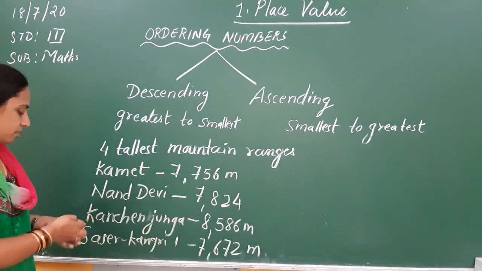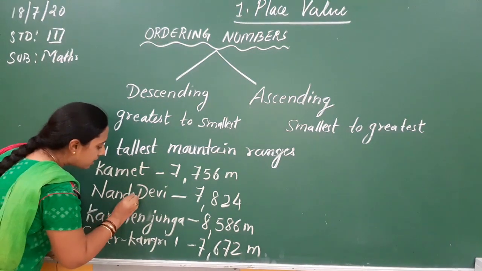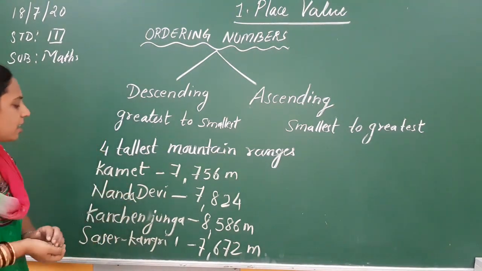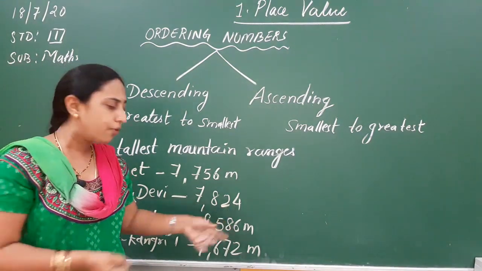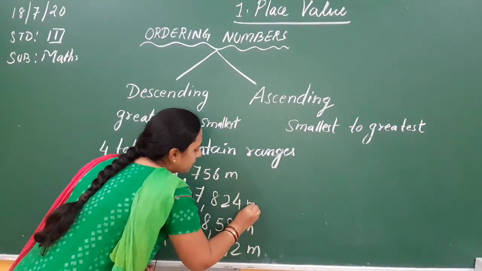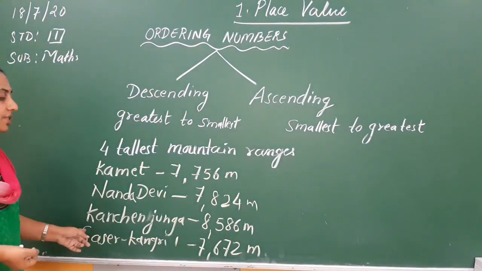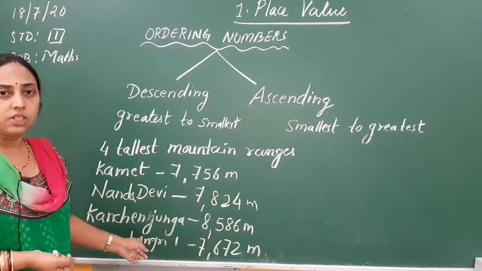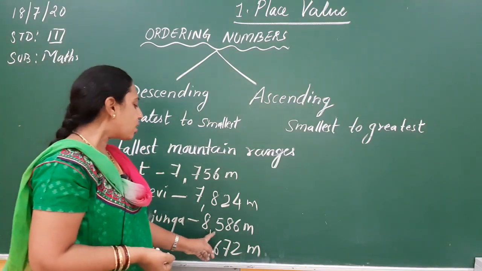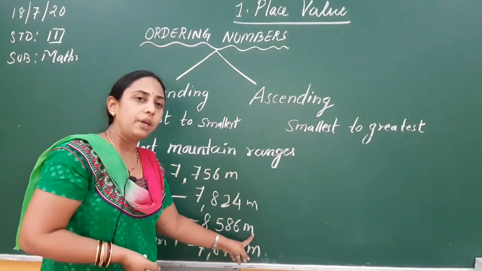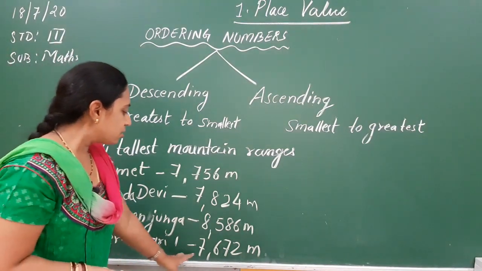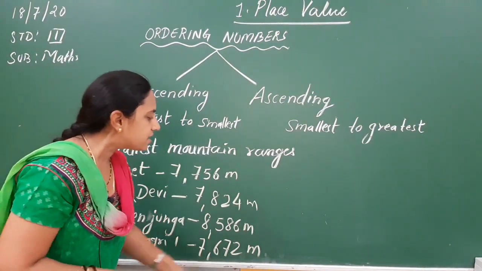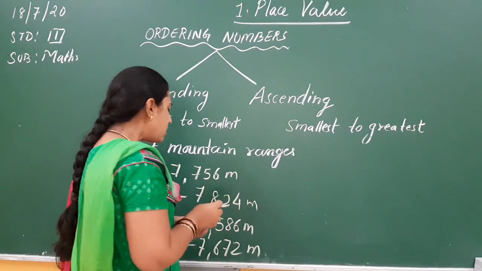Nanda Devi is 7,824 meter. This is meter, okay? Now Kanchenjunga, you might have heard about Kanchenjunga. Kanchenjunga is 8,586 meter and Sasar Kangri 1 is 7,672.